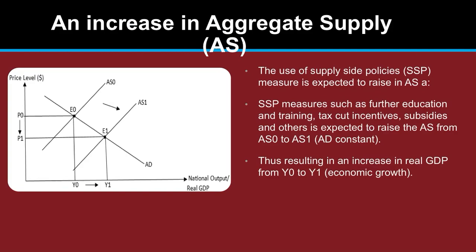You can see the general price level drops from P0 to P1, and national output rises from Y0 to Y1. Whenever the national output rises from Y0 to Y1, it shows there are some jobs created in the economy, which increases the employment level as well as reduces the unemployment rate in the economy.